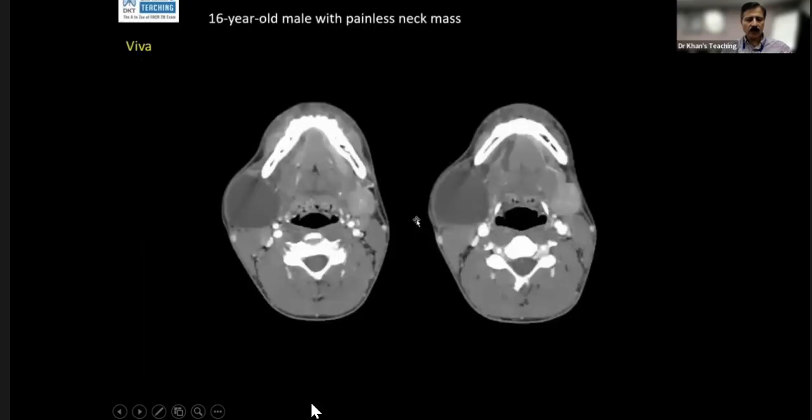Now, what is this? Over to you. This is an exam case. Okay, there is a large cystic lesion on the right side of the neck in relation to the submandibular gland.